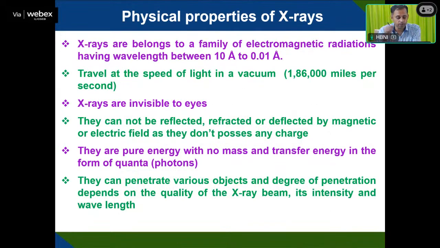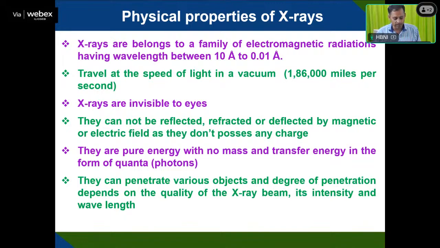Looking at the physical properties, X-rays belong to the family of electromagnetic radiation having wavelength between 10 angstrom and 0.01 angstrom, and they travel at almost the speed of light in vacuum. They are invisible to our eyes, and they can't be reflected, refracted, or deflected by magnetic or electric fields.